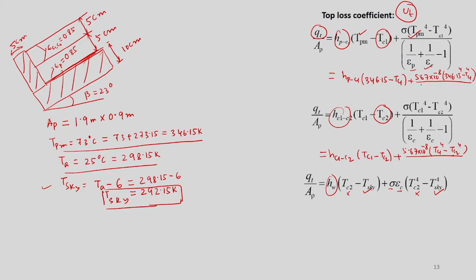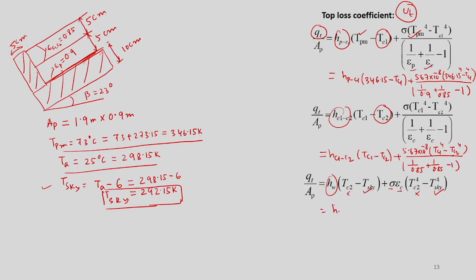So, 1 by epsilon here, for plate it is 0.85, and then for glass, let me check, yes, for plate it is 0.9. So, this for plate it is 0.9, this is 0.9, and this is 0.85. This is minus 1. So, here we have 0.85, then plus 1 by 0.85 minus 1.